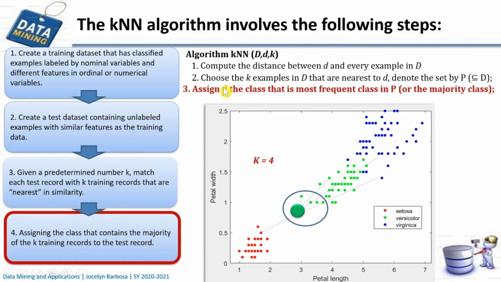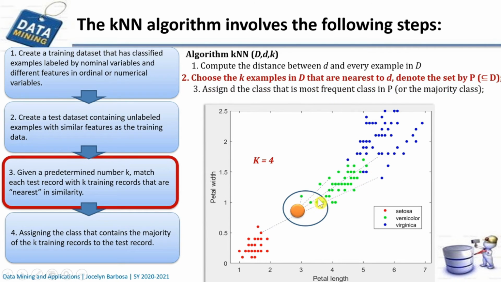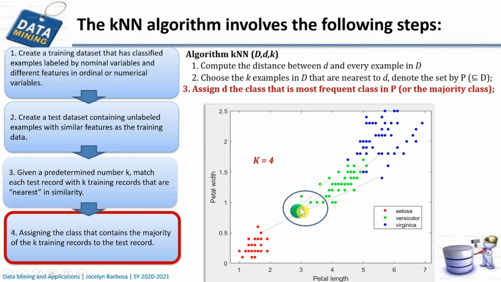Then we assign d the class that is most frequent in P. Notice in the previous slides that the 4 nearest neighbors belong to the class colored green, and so we classify this new instance as versicolor, the majority class.